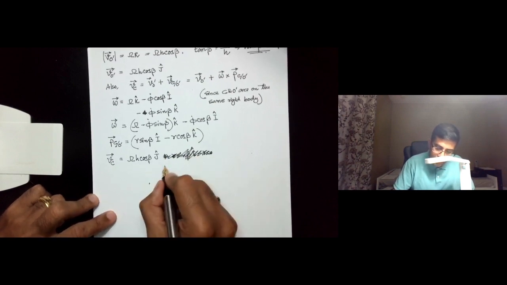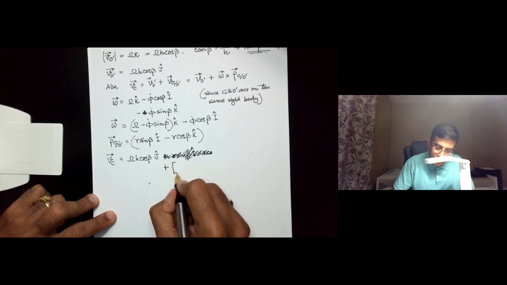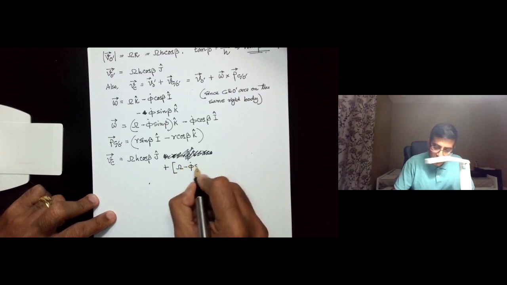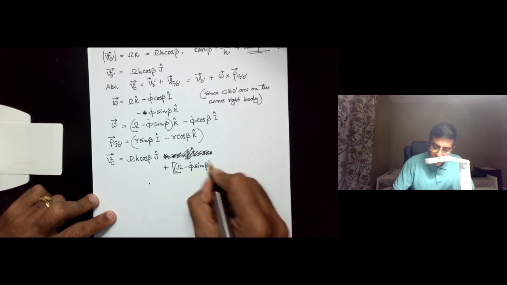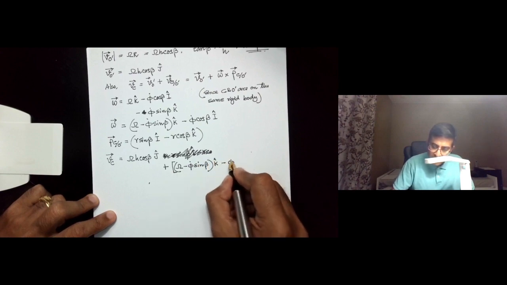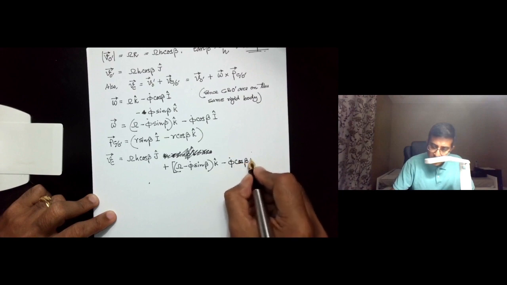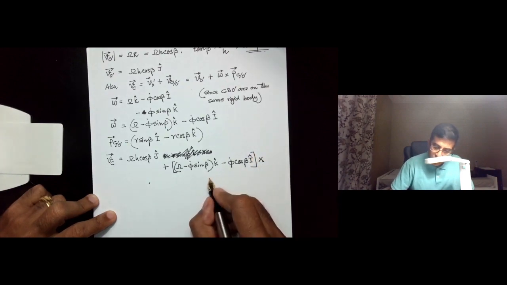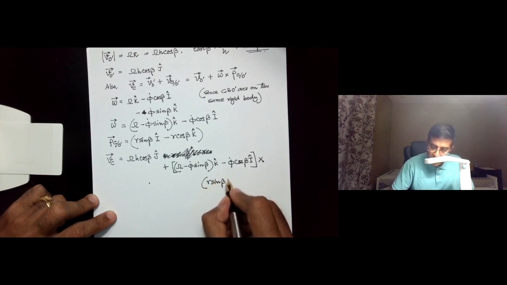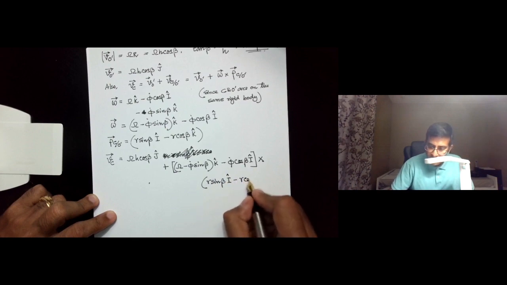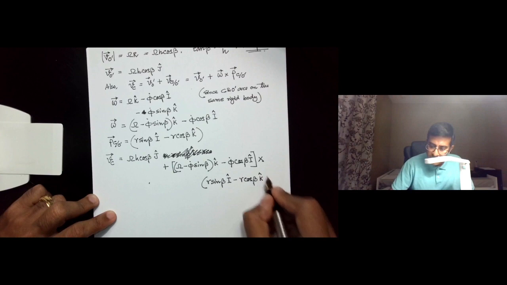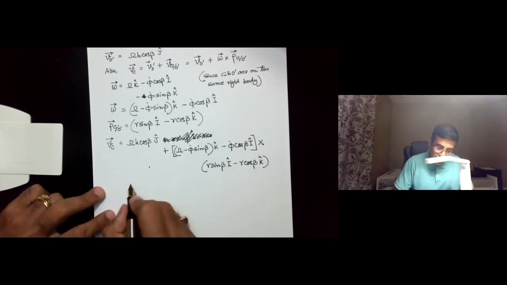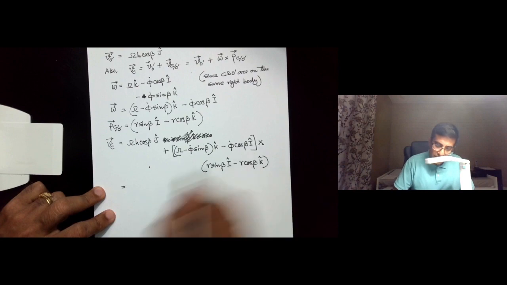So plus omega minus phi dot sine beta k minus phi dot cosine beta I cross the vector rho c with respect to O prime, so cross r sine beta I minus r cosine beta k. Okay, so this is the cross product that I need to carry out in the second term.